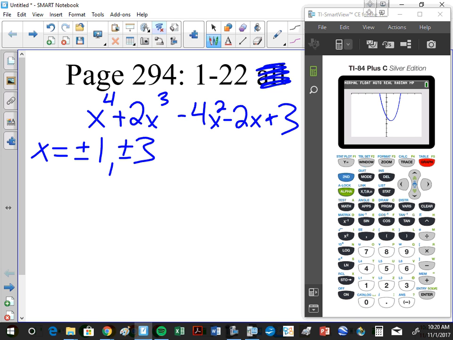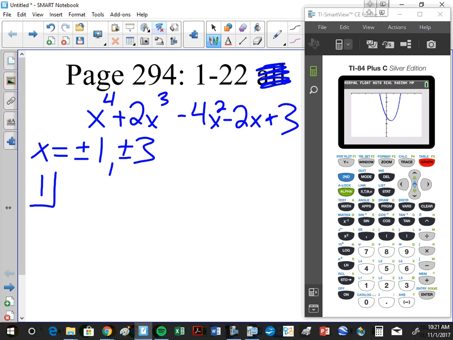So now, here's a trick. If you want to know if 1 works, you never will actually need to plug in x equals 1. If you add up all of the coefficients and you get 0, then 1 works. So 1 plus 2 is 3, minus 4 is negative 1, minus 2 is negative 3, plus 3 is 0. So 1 works. That's the way to test 1.